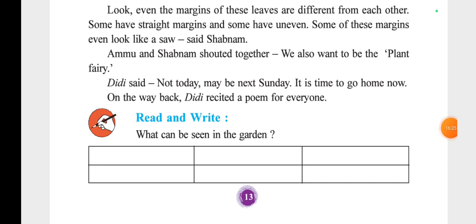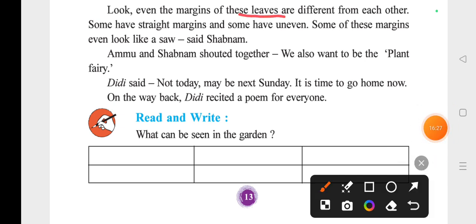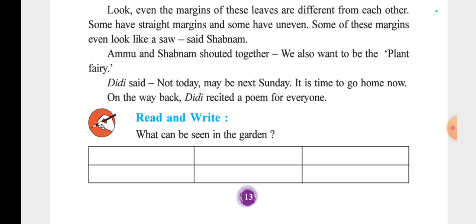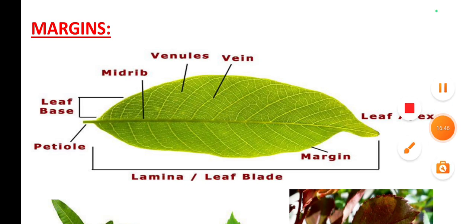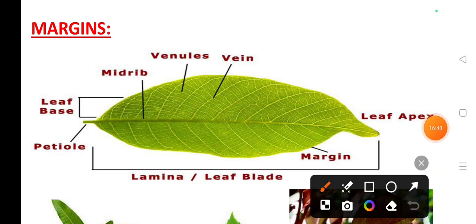Look, even the margins of these leaves are different from each other. Some have straight margins and some have uneven ones. Some of these margins even look like a saw, said Shabnam. Yes, children, I will show you some examples, but let's first understand the margin. What do you mean by margins? Margins are the smooth edges.